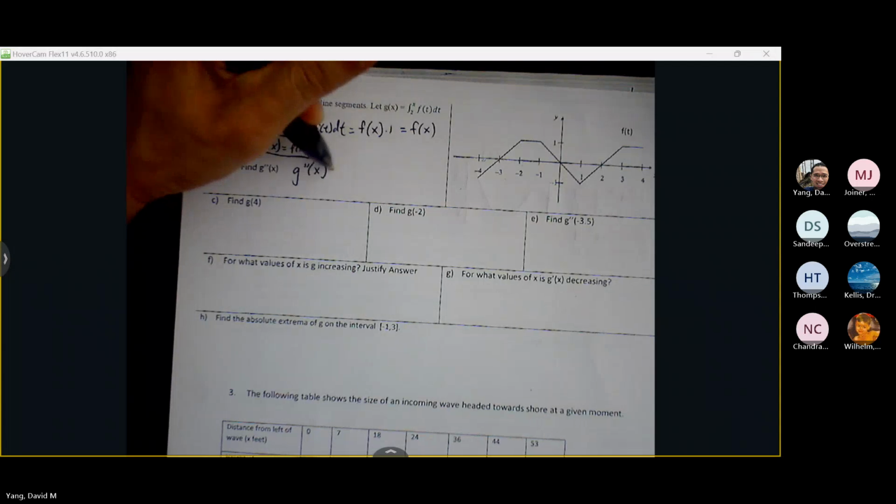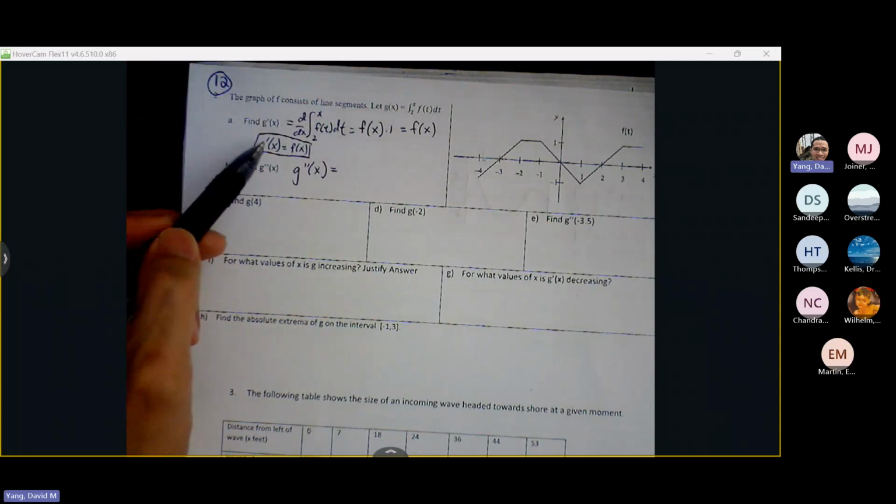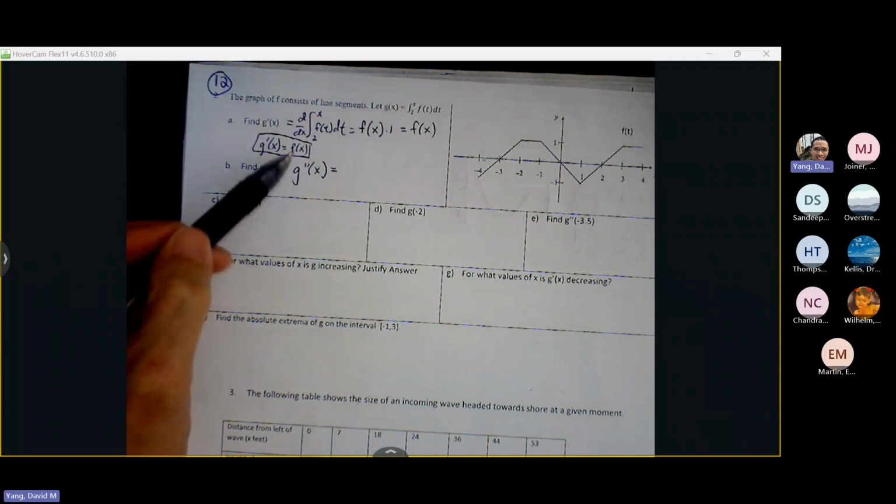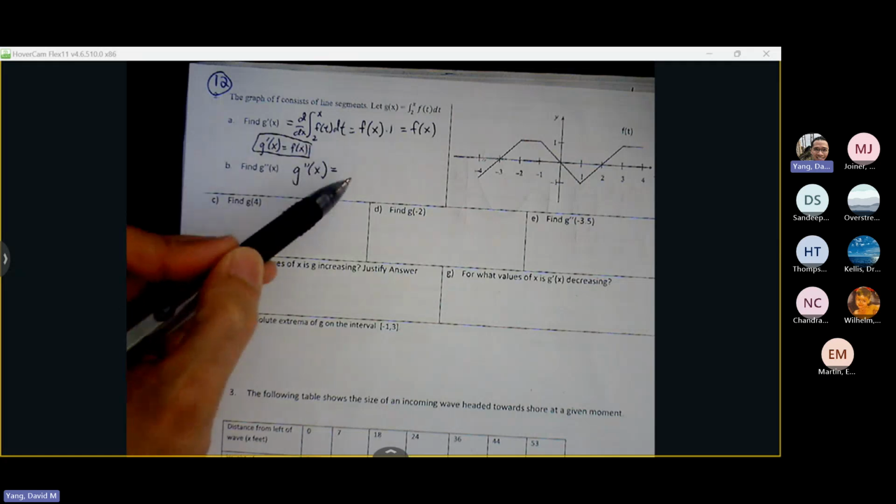And then likewise, if I want to find G double prime, then I'm making G prime drop a derivative level down. So I'm also going to let the right side drop one derivative down.